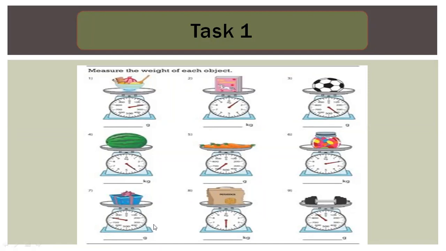So when you are writing the weight of things, you have to write in grams or kilograms. This is your class task. So kindly solve this task, write the question number and write the answer, okay? When you finish, let me know, and you have to send this task to me.